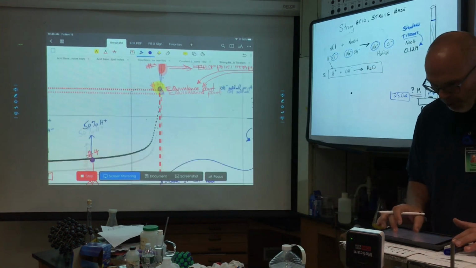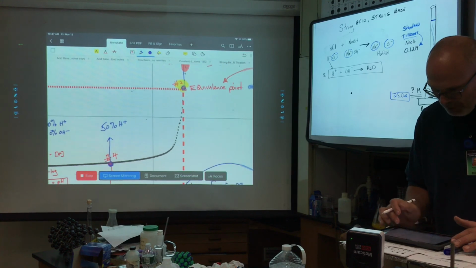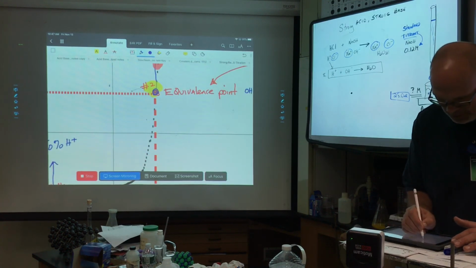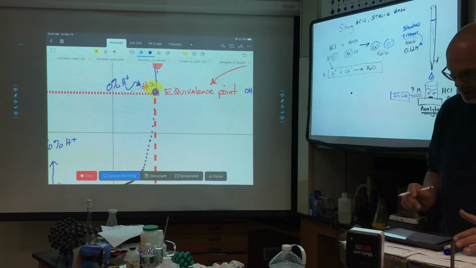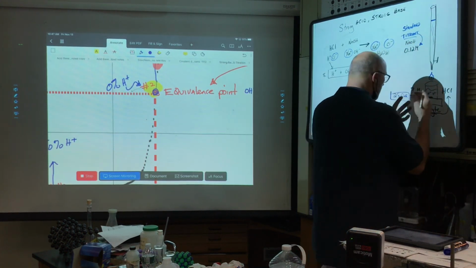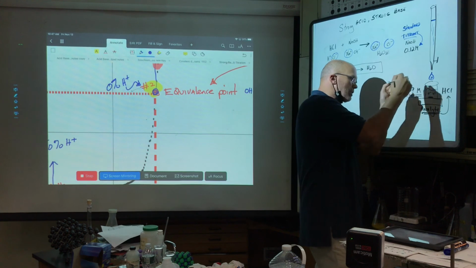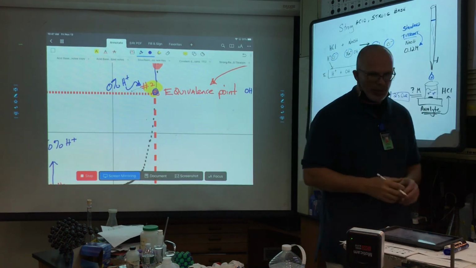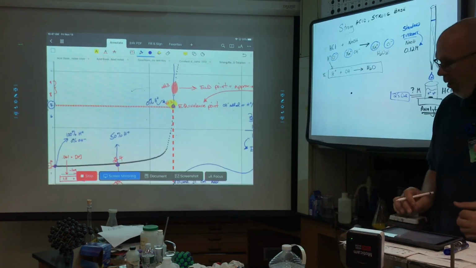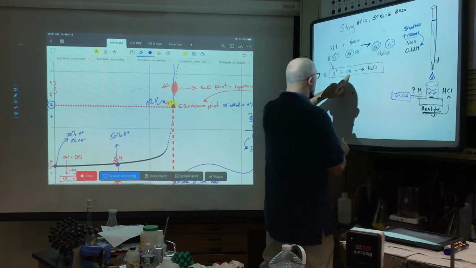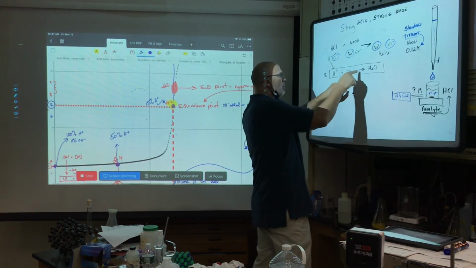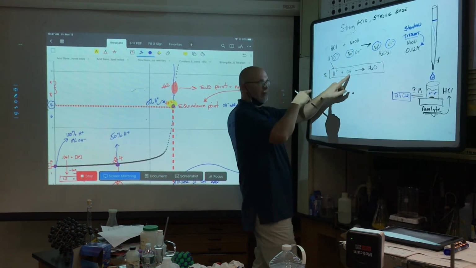Now, at this point, we have 0% H pluses that are left in the initial beaker, theoretically, right? Whatever extra H pluses due to the hydrochloric acid dissociating, they're gone, okay? And all of the hydroxide I used to make that disappear is gone too, because it was a limiting reagent.